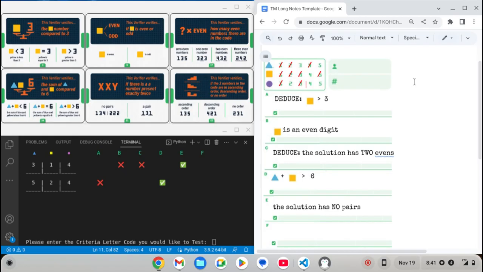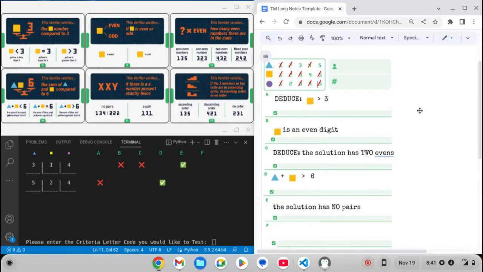So that means it's got to be the 2. So let's cross out all the other remaining digits. And so it comes down to either no order or it's decreasing.